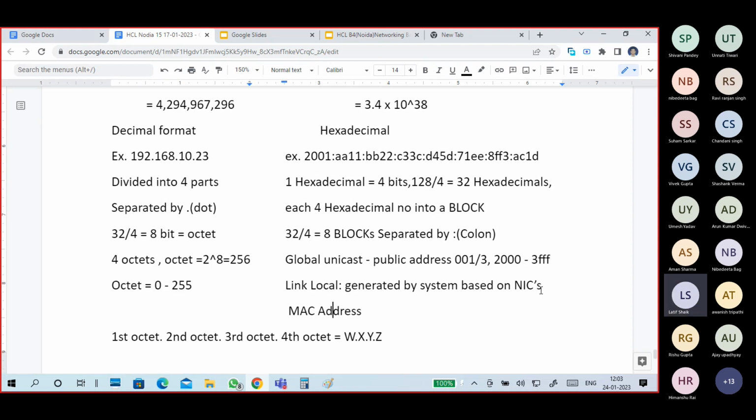How does it look? FE80::. So any IP address you have seen starting with FE80 is a link local IP address.